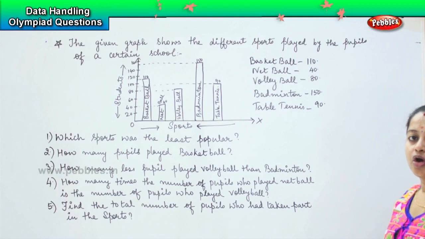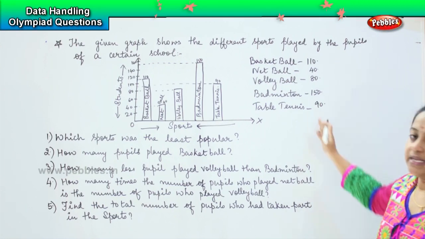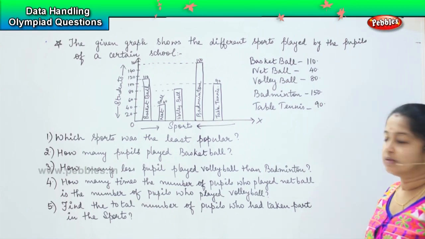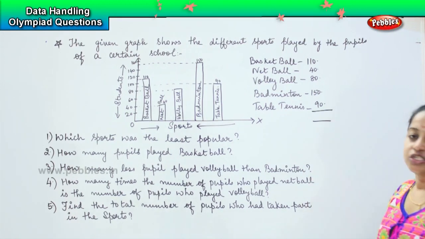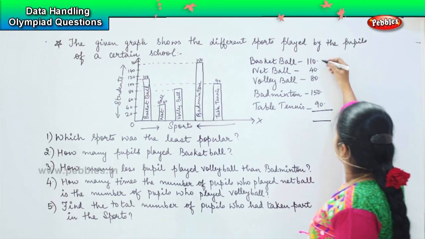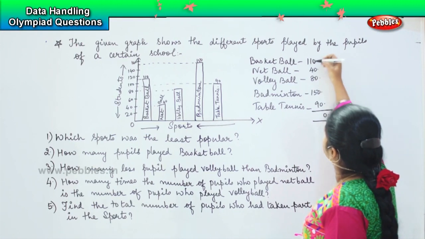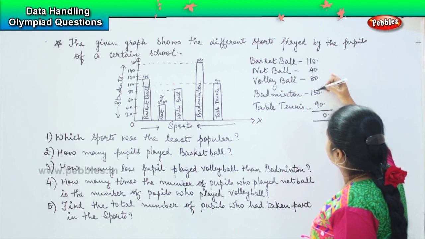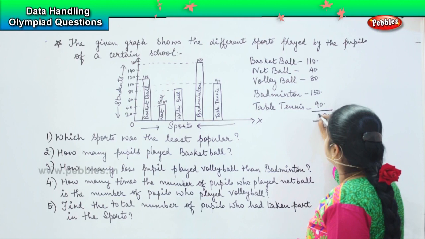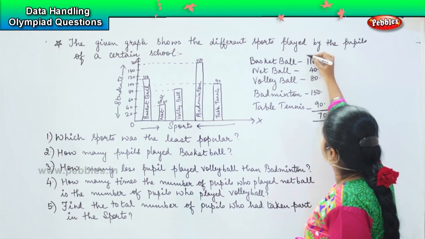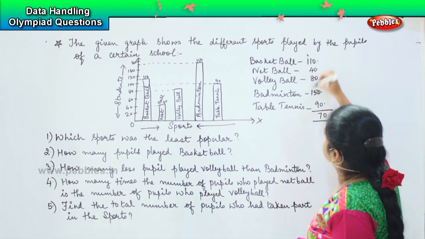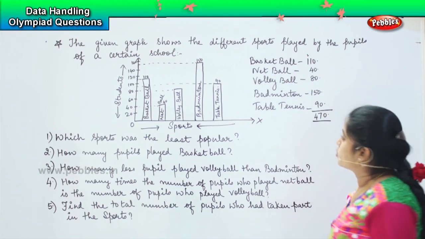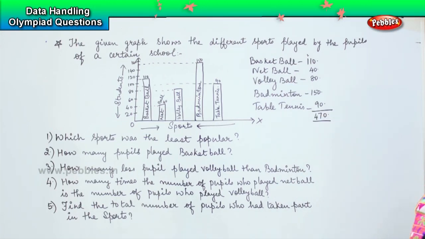So now we have got the number of children who are playing the various games. So let us do the total of it. The zeros, then 1 plus 4, 5, 5 plus 8, 13, 13 plus 5, 18, 18 plus 9, 27. So carry forward 2, 2 plus 1, 3, 3 plus 1, 4. So I have totally 470 children who have participated in different sports.